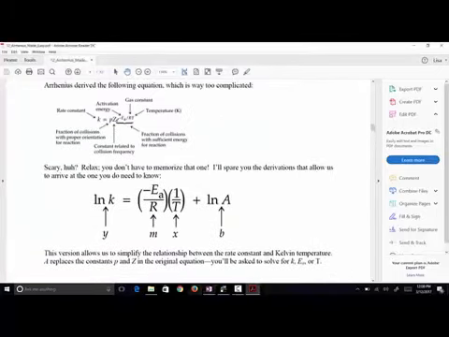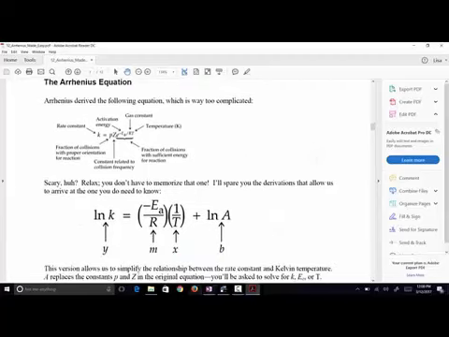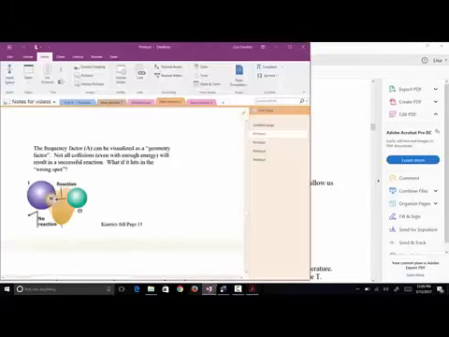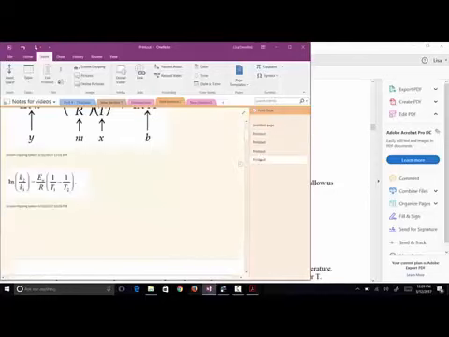If you go down to about page 3, you'll see it's giving us the Arrhenius equation in a y equals mx plus b format. So let me switch back over to my OneNote so we can look at that.